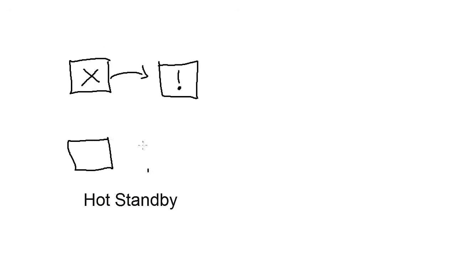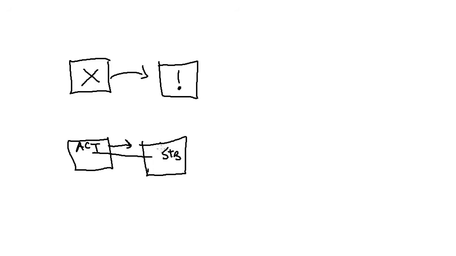Hot standby is when we have two platforms that are deployed in a failover topology, where the second platform is in standby and it receives from the active platform all subscriber state updates and keepalive messages. So the standby platform is ready to take over immediately.